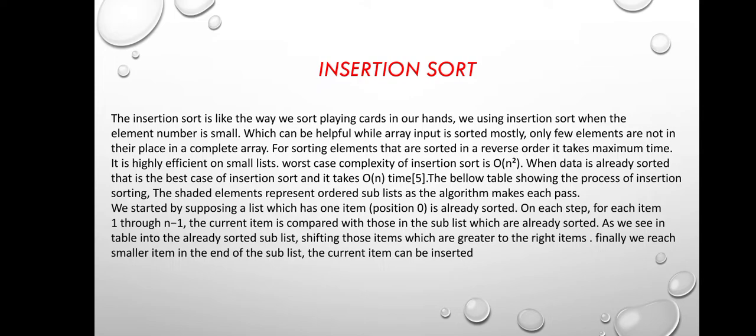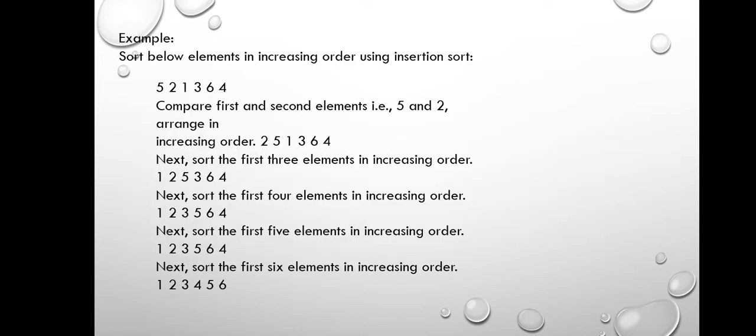As we see in the table, in the already sorted sublist, those items which are greater are shifted to the right. Finally we reach a smaller item or the end of the sublist, and the current item can be inserted.